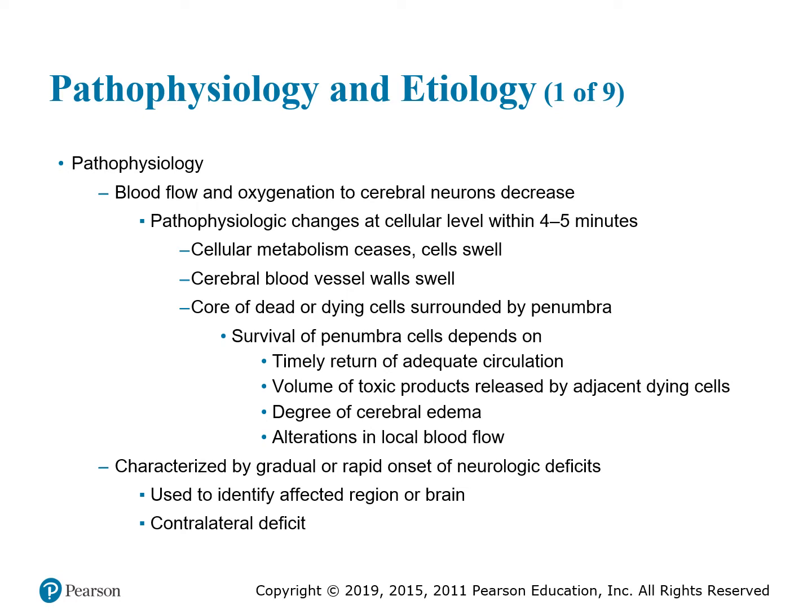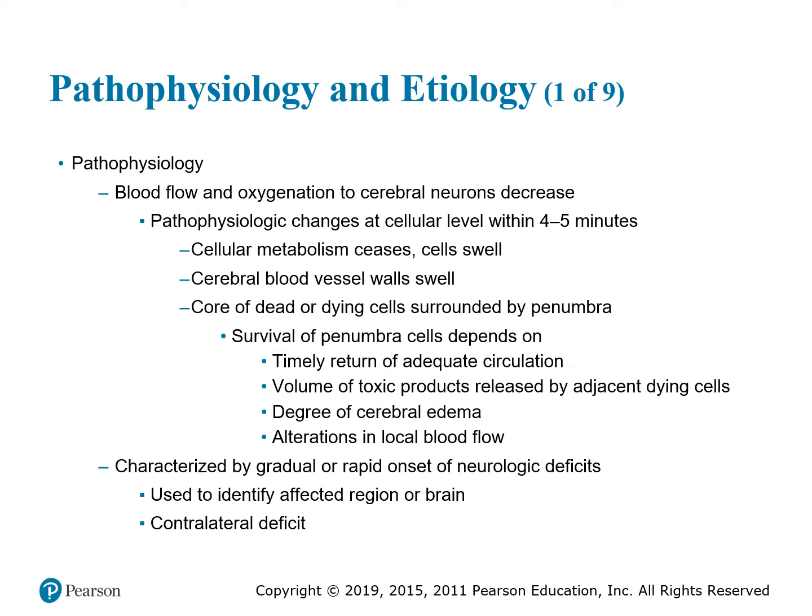A central core of dead or dying cells is surrounded by a band of minimally perfused cells called the penumbra. These cells in the penumbra have impaired metabolic activity, so the cells are not able to function appropriately, and those glucose stores are being cut off.